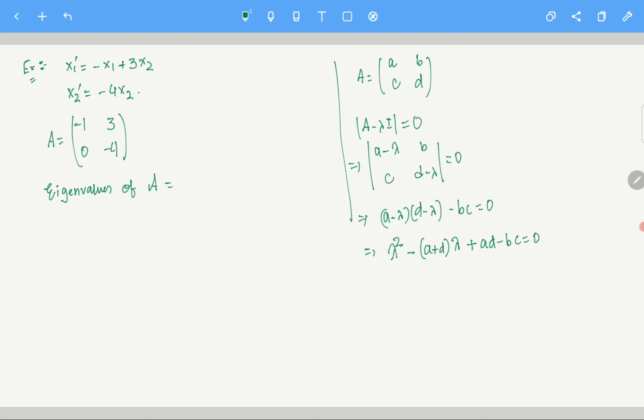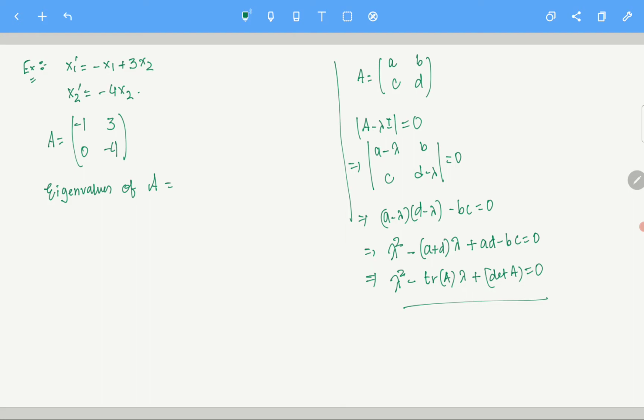So here how can we write it? I can write it as lambda squared minus (a plus d) lambda plus ad minus bc equals 0. Here a plus d is the trace of A, so this is lambda squared minus the trace of A times lambda, plus ad minus bc, which is the determinant of A, equals 0. Of course this works because we are talking about a 2x2 system.